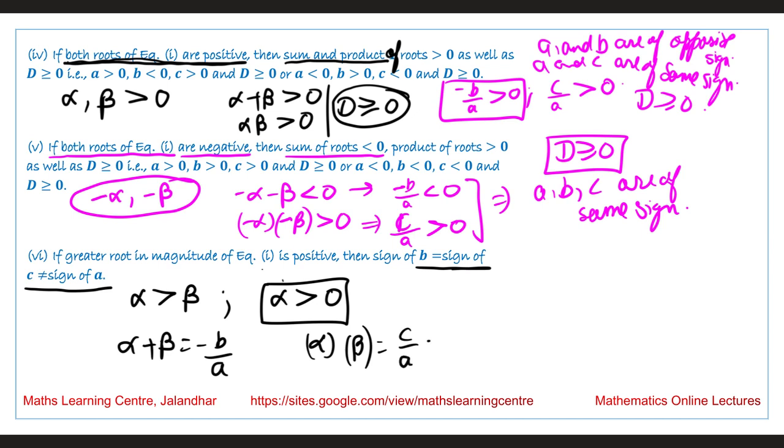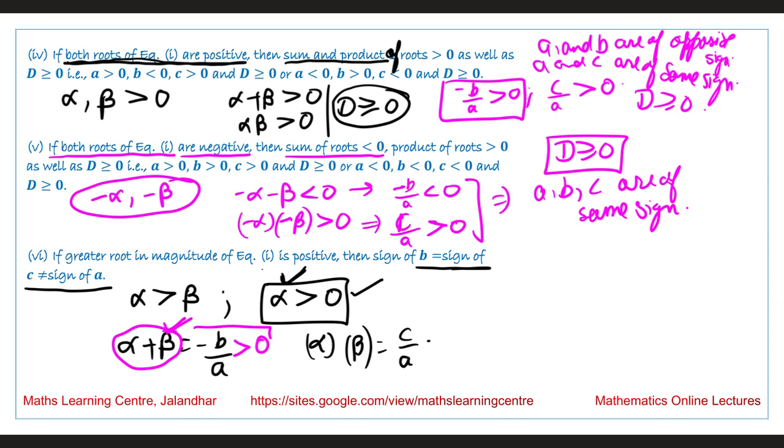Now we have the greater root, alpha is greater than 0. We are given that this alpha is positive. So from this condition we will have this value greater than 0. This is always greater than 0 irrespective of beta being positive or negative.